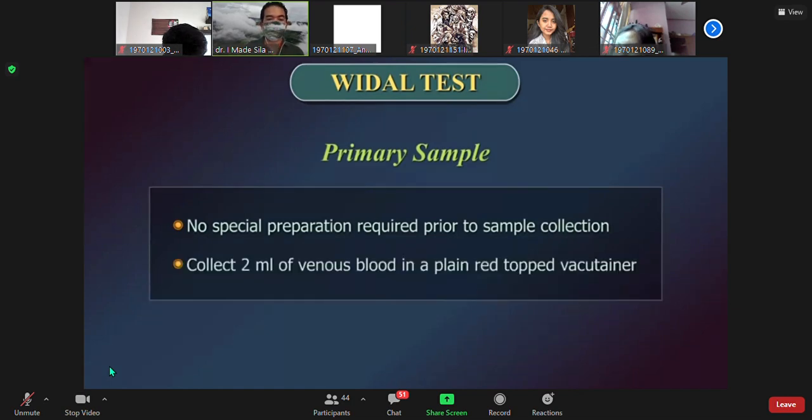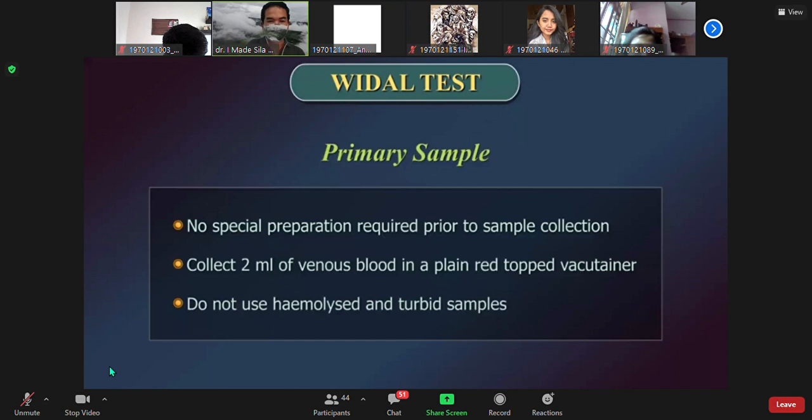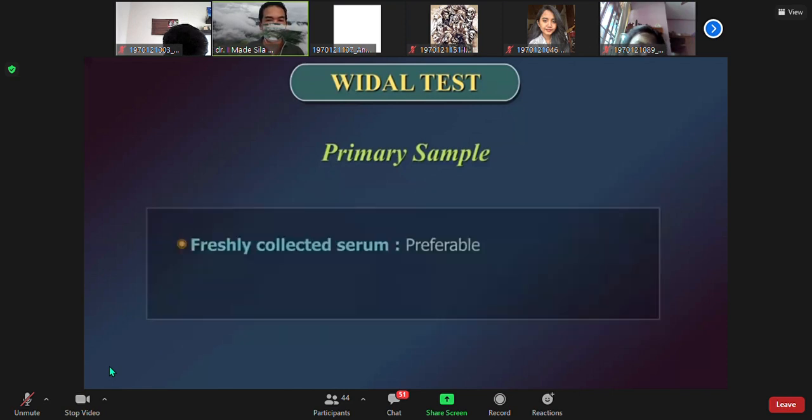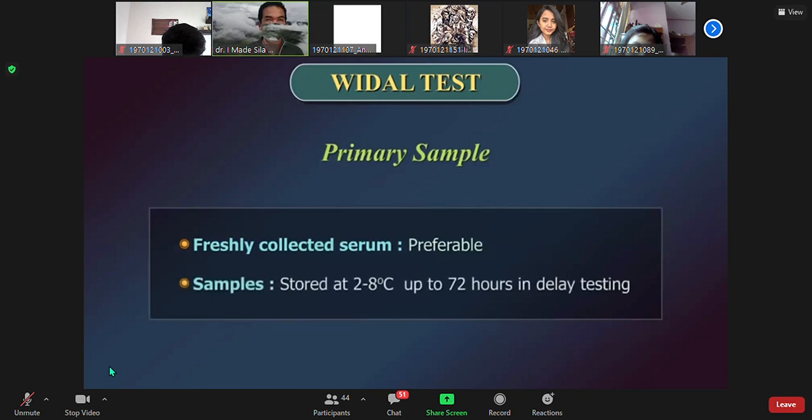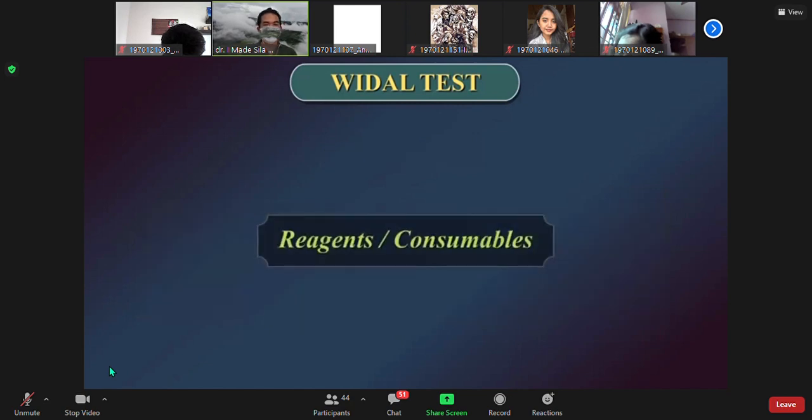Collect 2 milliliters of venous blood in a plain red-topped vacutainer. Do not use hemolyzed and turbid samples. Though freshly collected serum is preferable, samples can be stored at 2 to 8 degrees centigrade in case of delay in testing.